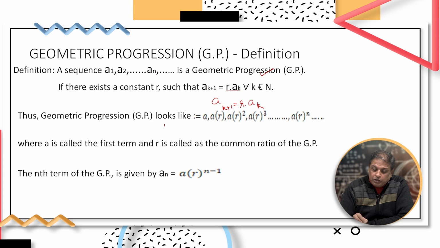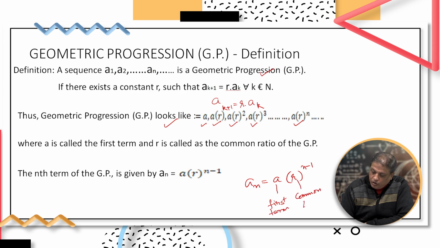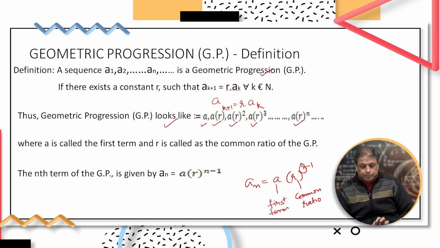So the geometric progression looks like a, ar, ar square, ar cube, up to ar to the power n, and if it is infinite, then it goes on. The nth term of a GP is given by the expression an is equal to a into r to the power n minus 1, where a is the first term, r is the common ratio, and n is the term for which you want to find the GP value.